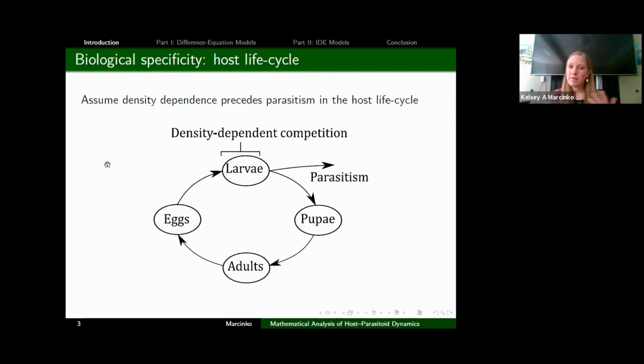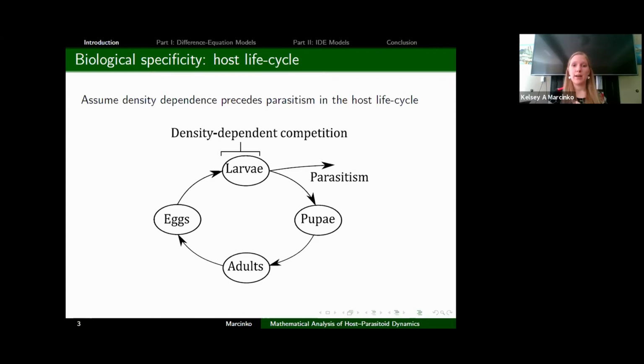One of the motivating features in my work has been historically a lack of biological specificity in the timing of the different phases in the life cycle of the host. There's a model that's been used for decades that doesn't necessarily accurately represent the biology of these systems.